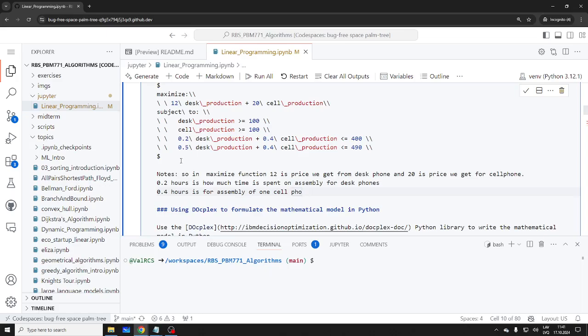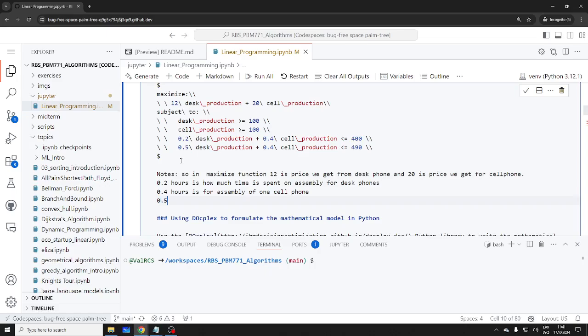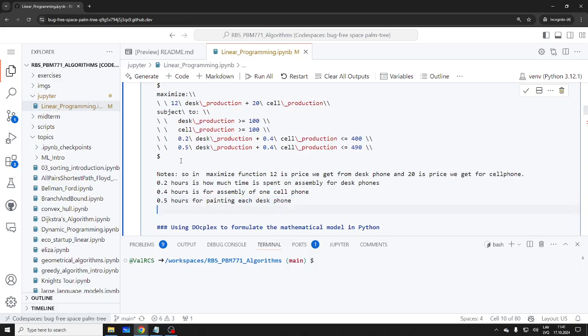That's 24 minutes. That's possible, I guess. And painting, I thought robots would be painting the phone, but I guess not. 0.4 hours, so that's half an hour for painting each desk phone. That seems like a lot. I would just dunk it in the paint or something. And hours for painting each cell phone.